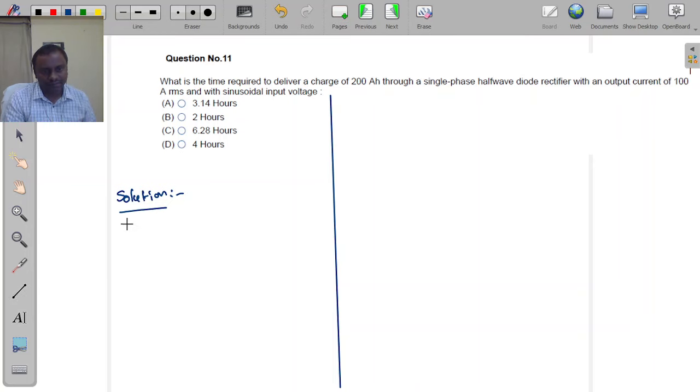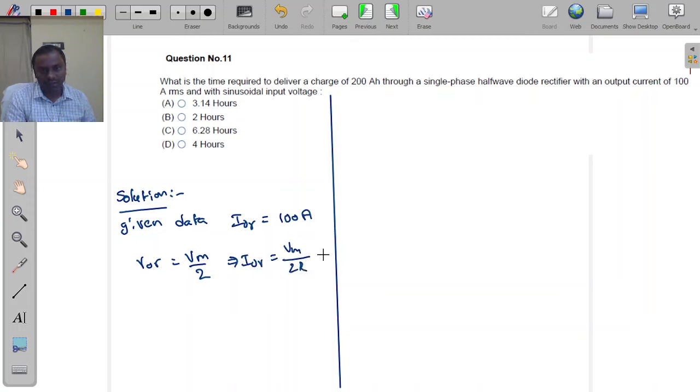Given data: I naught RMS they have given as 100 amps, and V naught RMS for this single phase half wave diode rectifier will become Vm by 2. It implies I naught RMS becomes Vm by 2R, which must be equal to 100 amps.